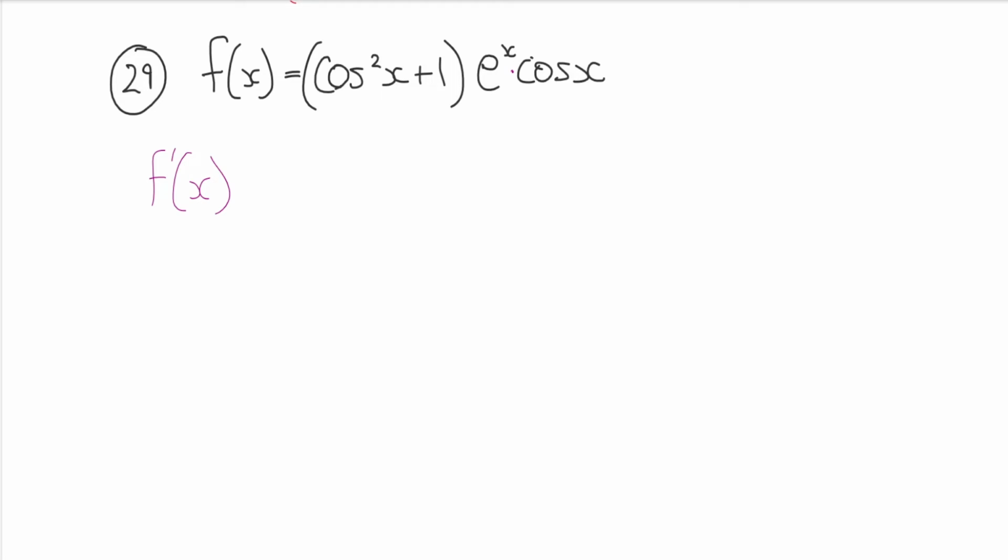Okay, so what do we got? So derivative of first is 2 cos of x times negative sine of x, and then that times the entire other thing.